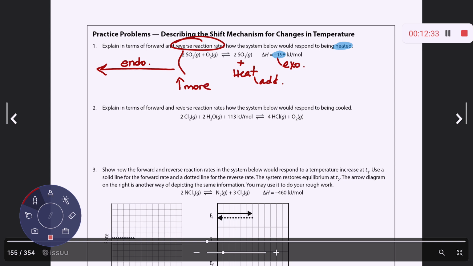Okay. If you take a look at number 2, here we're going to cool this. They gave us the delta H value inside the reaction. So this is heat. We are removing some. This direction is my endothermic direction. Which rate will decrease more?